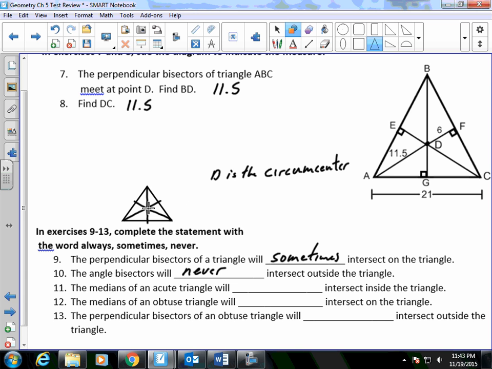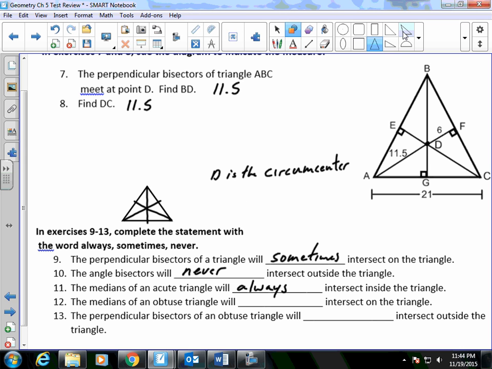And notice that's going to be inside, and that's going to work every time for every acute triangle. So the answer there is going to be always.